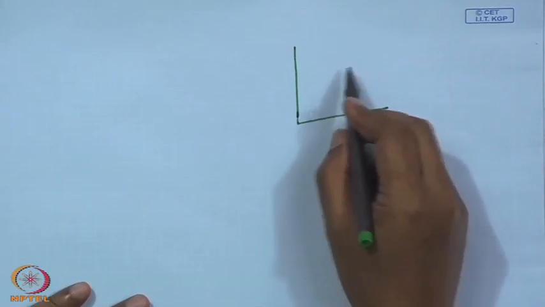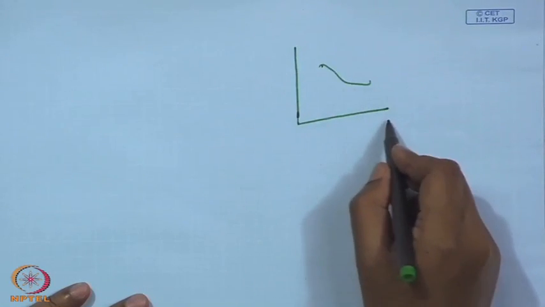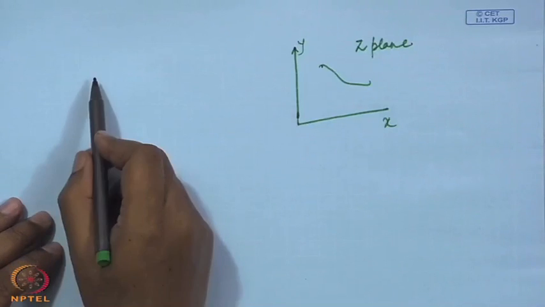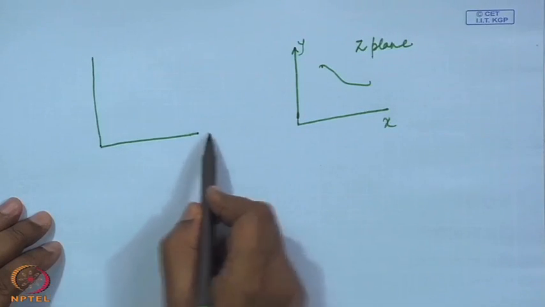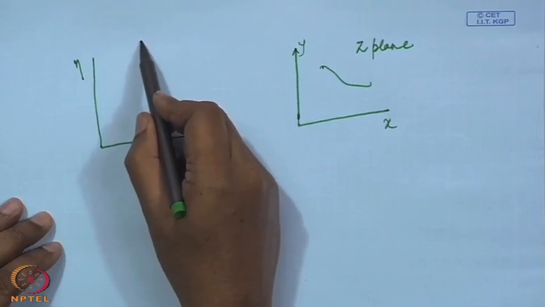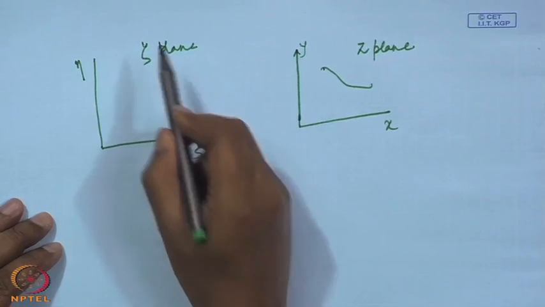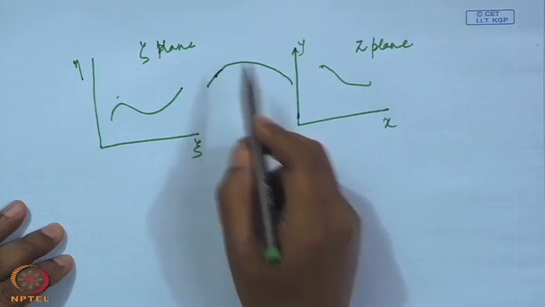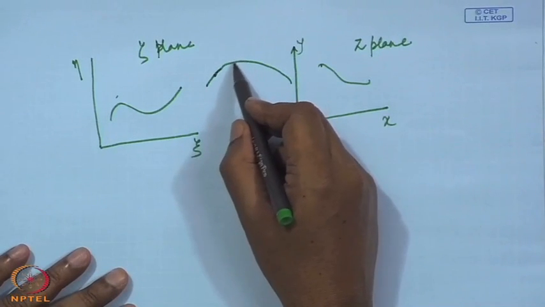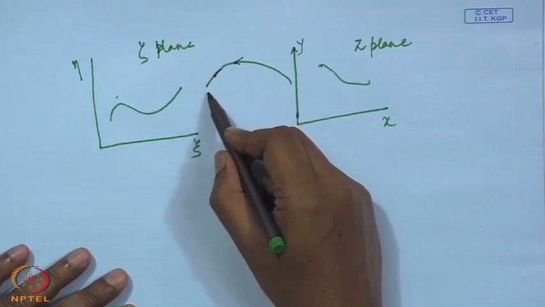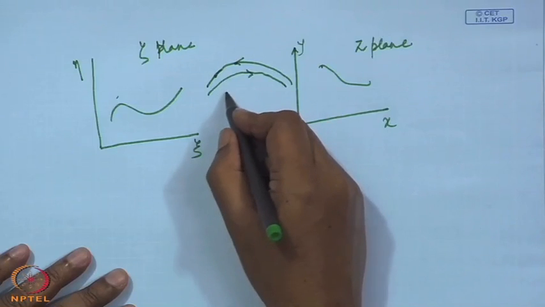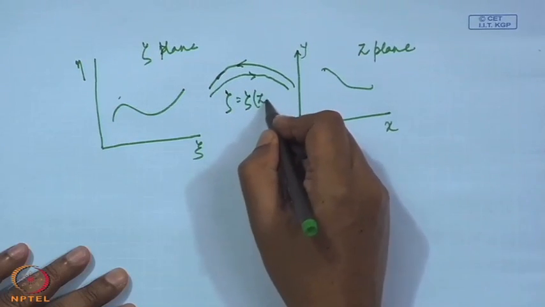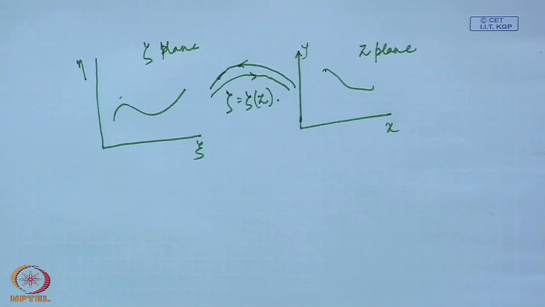Think we have a curve in the z plane, and we are using the transformation zeta equal to zeta as a function of z.